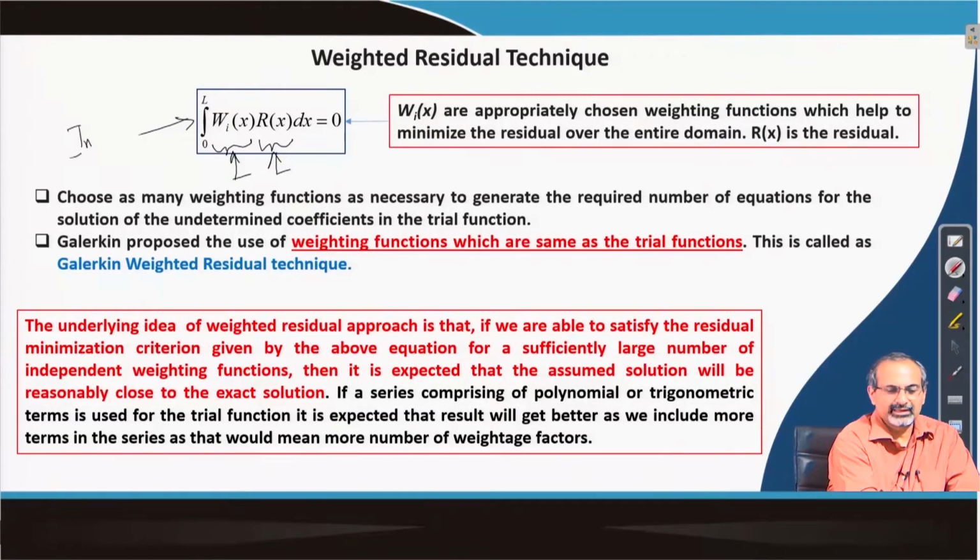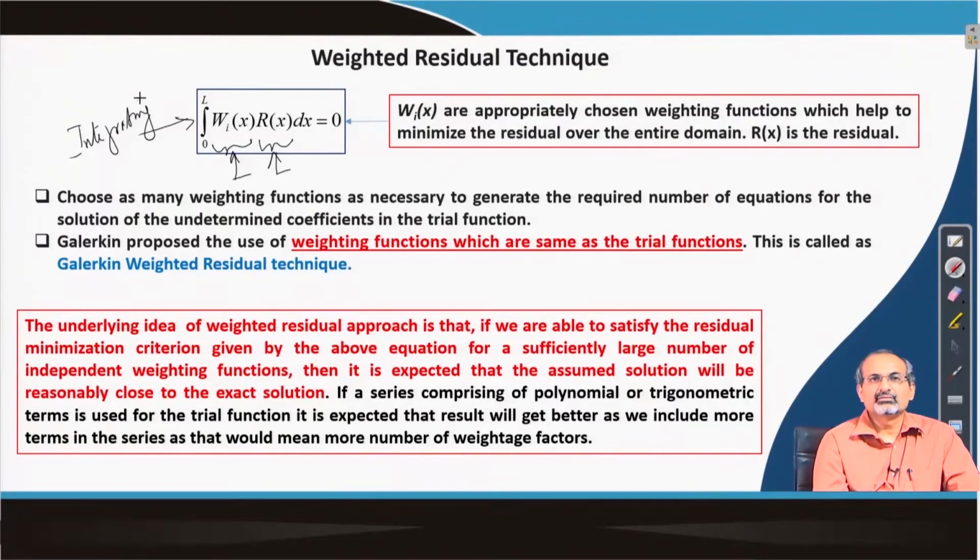So, you are integrating a product of the weighting functions and the residual function, and you are trying to set their integrated value to 0 in the entire domain, which would mean that all along the length of the domain you are trying to minimize the residual, not only at fixed points.